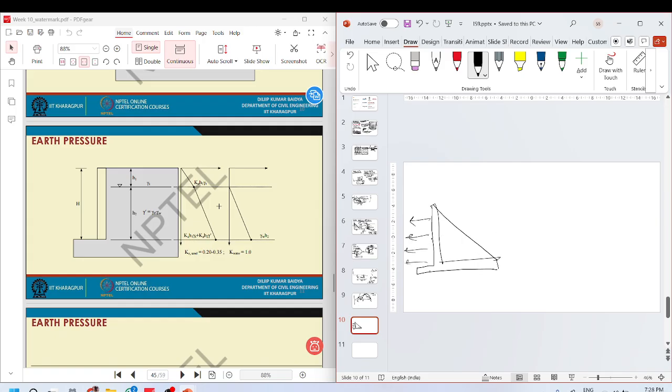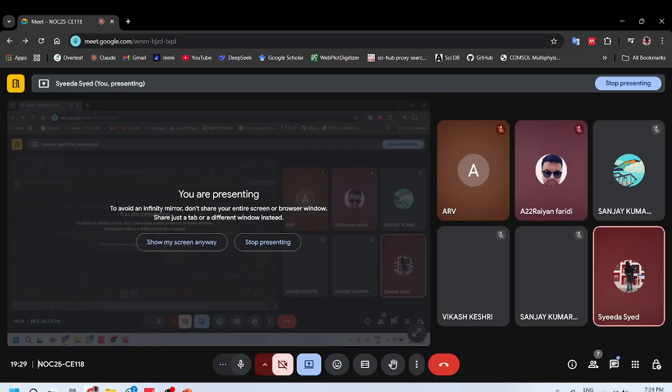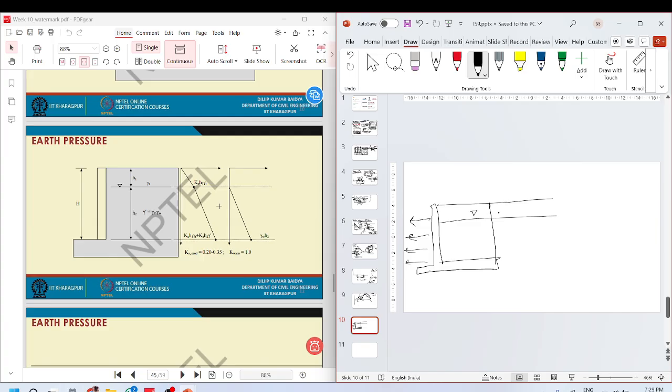So what we do, and let us say that it has a water table here, is we calculate the depth Z. If it is H1, this will be gamma 1 H1, the vertical stress.